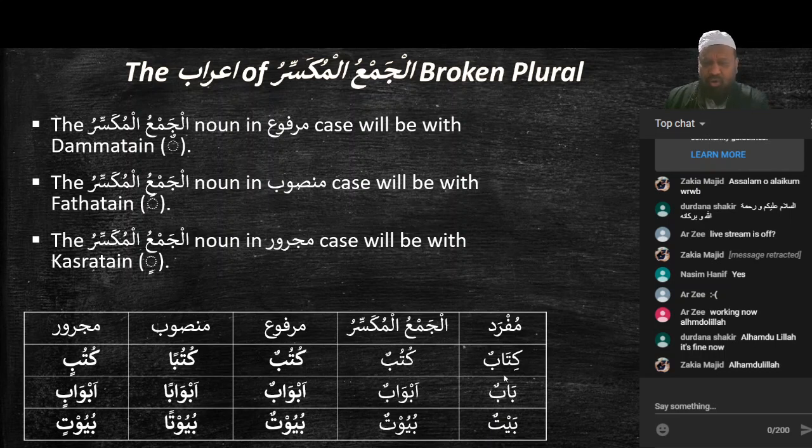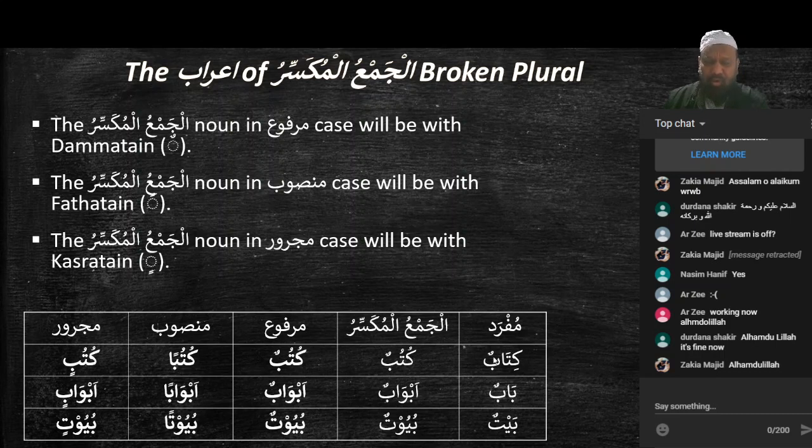Mufrad kitabun, jama kutubun. Marfu is kutubun. As we've learned, the default of every ism is halatul rafa, marfu case. Mansub case with the fathatayn, kutuban, and because of the fathatayn, alif is written. And in majroor case, kutubin.